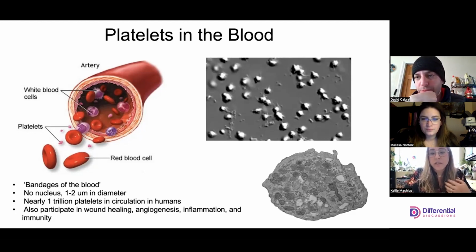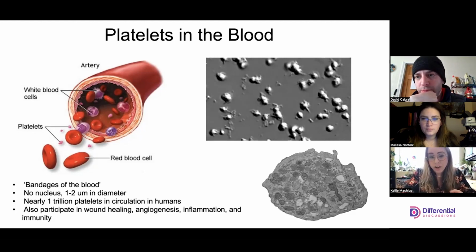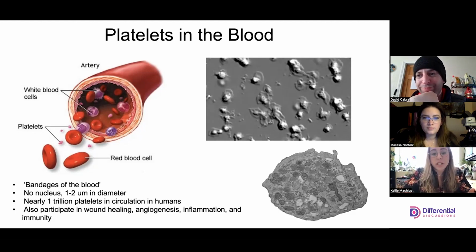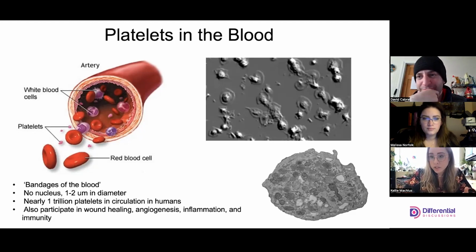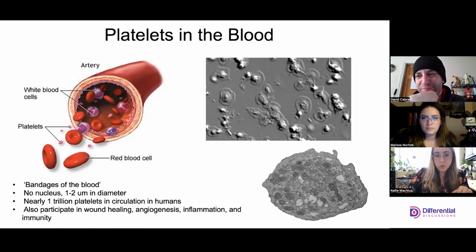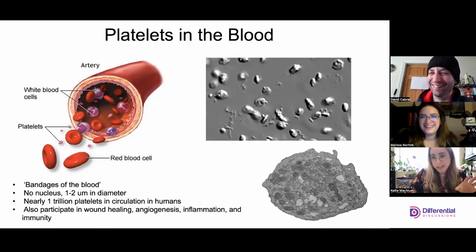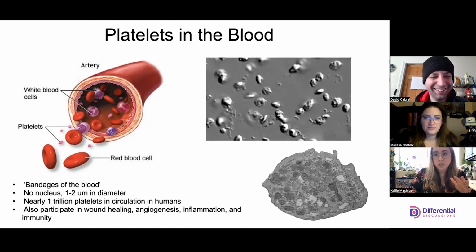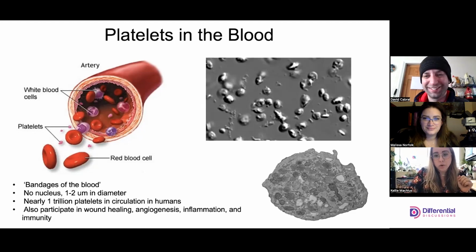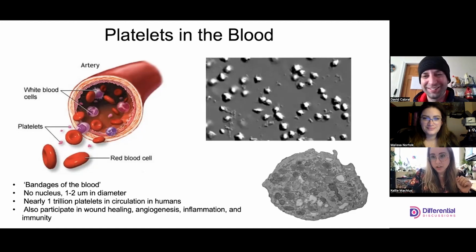Because of the diversity of proteins in those granules, platelets play a role not just in blood clotting, but in things like wound healing, angiogenesis, which is new blood vessel formation, inflammation, immunity, cancer, all these different things. We kind of call it their night job, but don't just think of platelets as blood clotting cells. Platelets do everything. So they're very busy little cells.